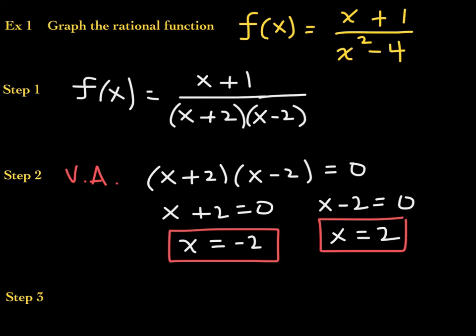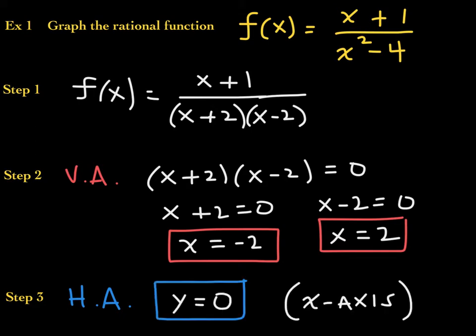Because the numerator has lesser degree than the denominator, I know for sure we will have a horizontal asymptote. This is my abbreviation for horizontal asymptote. And because the degree of the numerator is less than the degree of the denominator, I know the horizontal asymptote will be y equal to 0. So basically the x-axis is our horizontal asymptote.